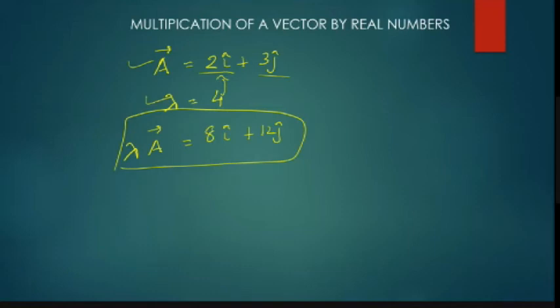I am multiplying a scalar, a real number, 4, with a vector A. So what is the resultant I am getting? Is it a vector or a scalar? Vector. You will get a vector 8i plus 12j. See, i is there, j is there. That means the information of direction is contained inside that. That means that is surely a vector.